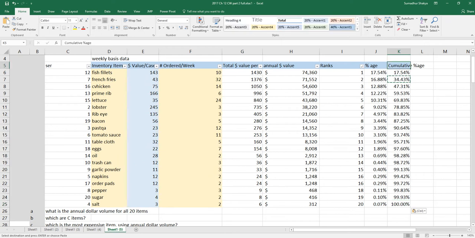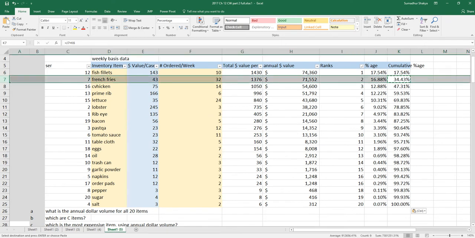This should be taken as a running total. So fish fillet alone is 17%, French fries alone is 16%, but if we take the cumulative percentage of French fries plus fish fillet, that is 34%.